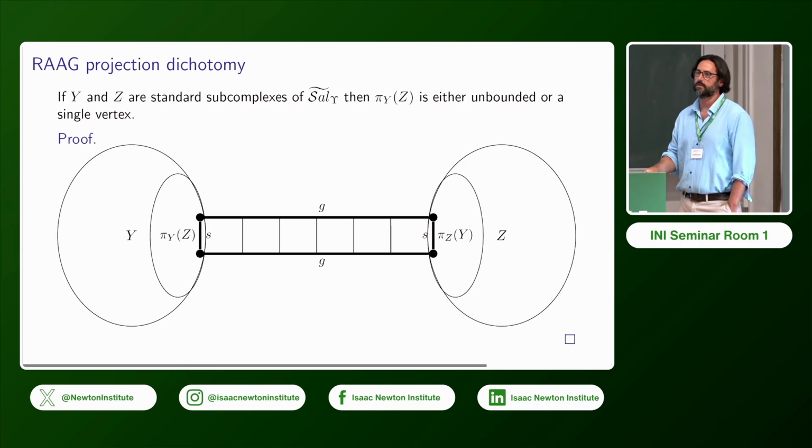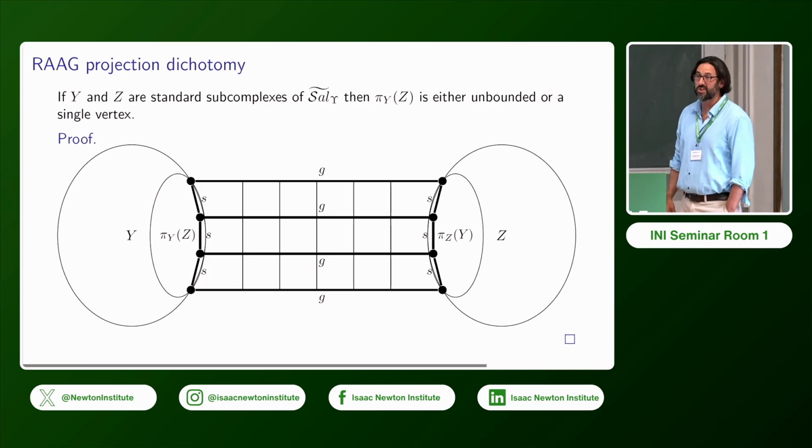But now your standard subcomplexes of a RAG, right? That S is an infinite order element of the RAG. So if there's an S edge here, there's also another S edge coming out of it. And there's an S edge coming out of it over here as well, right? But G still commutes with those edges. So you can just keep going and build a whole grid.